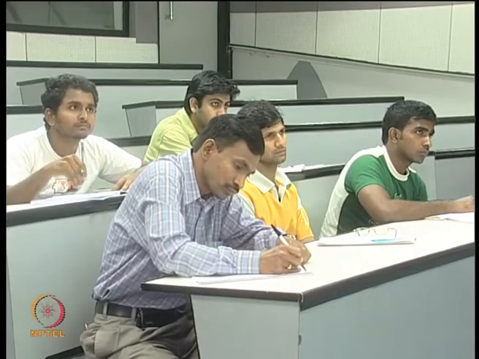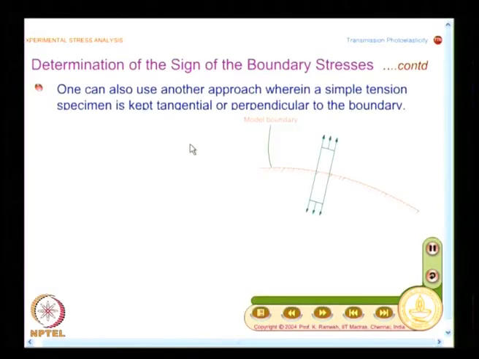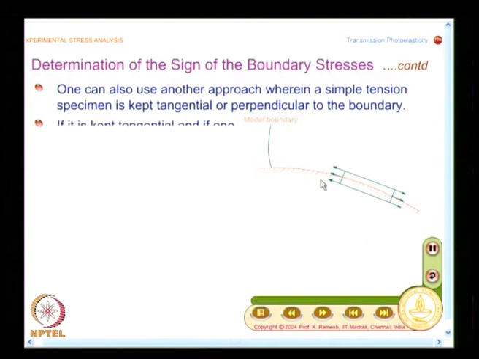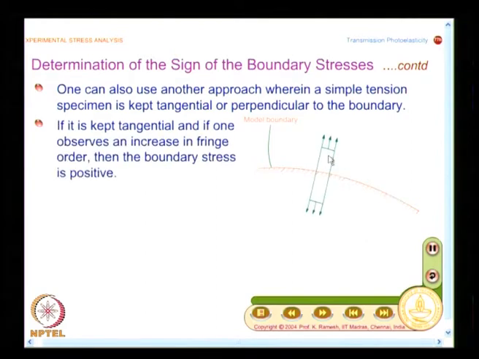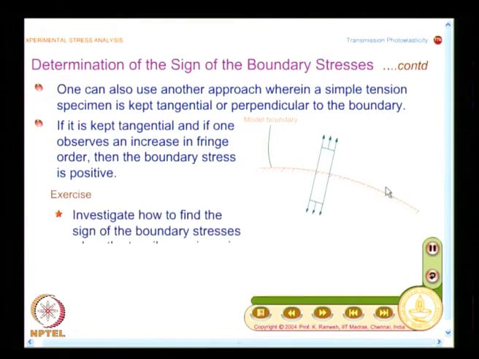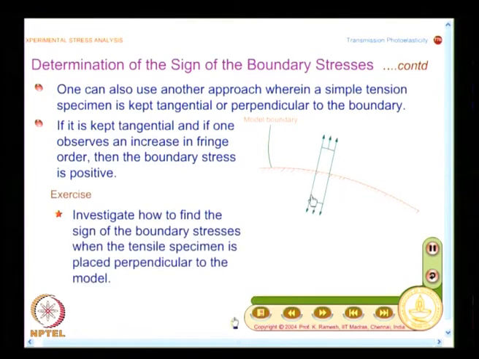For us to do that, I can even use a simple tension specimen. I can take a specimen subjected to tension. I can do it either keeping it tangential to the boundary or keeping it perpendicular to the boundary. So, I can adopt another approach wherein a simple tension specimen is kept tangential or perpendicular to the boundary.